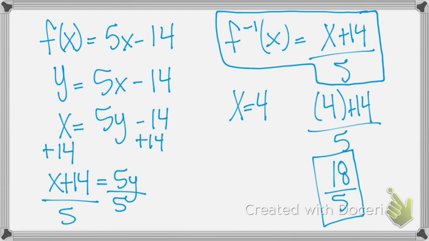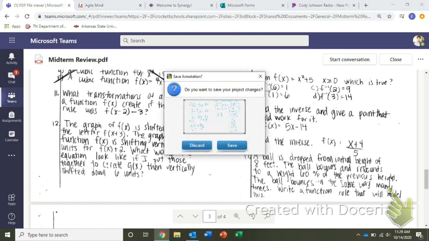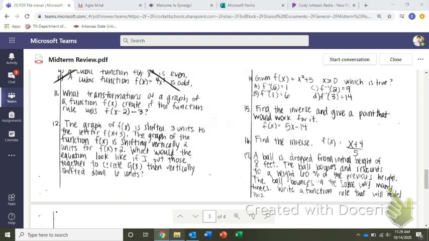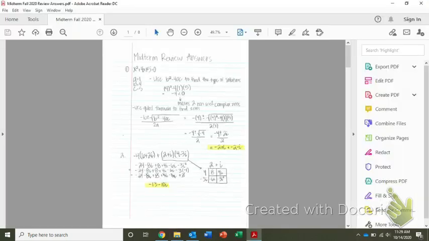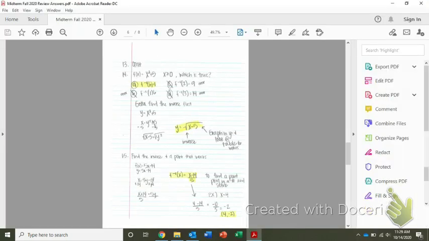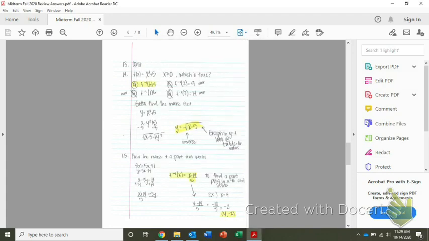Yes, that is correct. Okay, so look, here's what I'm going to do. Let me pull this up. So right here on number 15, go ahead and mark that out and mark this out.